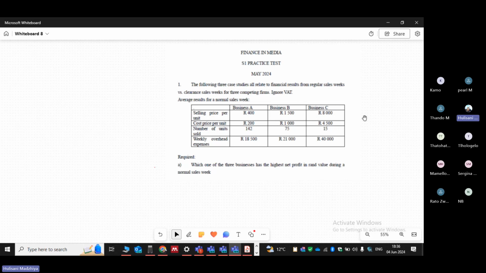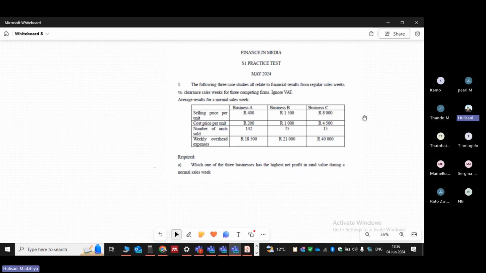the weekly overhead expense. So to answer this question, you have to follow the income statement format. Do not draw this without the income statement format. As you are aware, once we talk about net profit and gross profit under unit number 4, we covered the income statement format as well as the elements of the income statement.